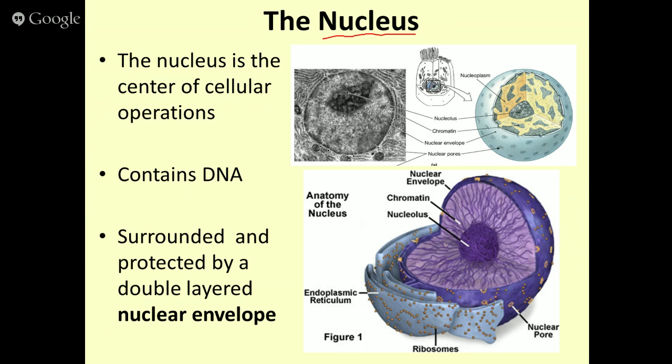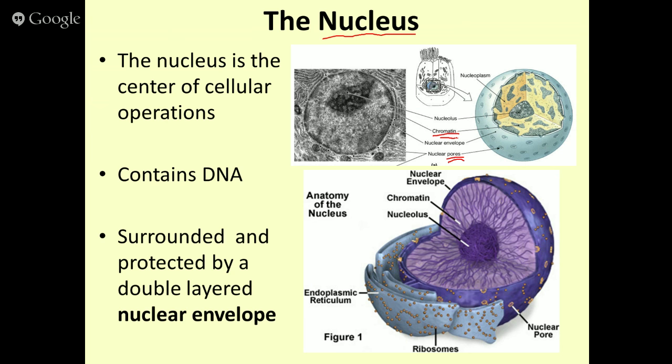So remember, the nucleus is usually one of the largest organelles in the cell. It's got this nuclear envelope separating the nucleus from the surrounding area. And remember, there are pores, tiny holes in the nuclear envelope. So our DNA is going to be inside our nucleus. And remember, when our cell is not dividing, we're going to refer to these DNA strands as chromatin.